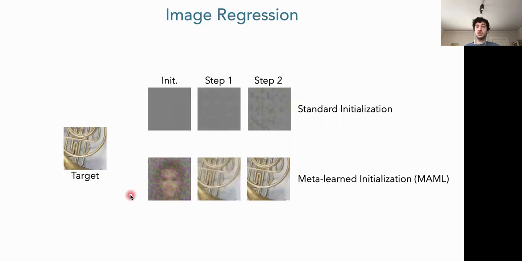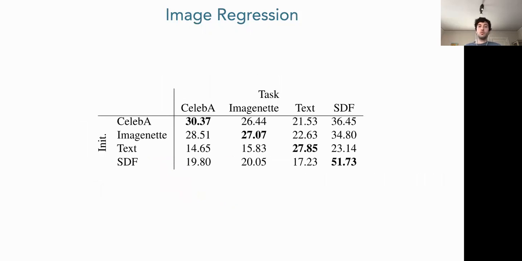So one natural question is, have we learned a way to just quickly assign pixel values, or is there a more data-dependent prior involved? And we do some experiments to help tease this apart, where we train across different data sets, in this case, CelebA, ImageNet, a data set of text values, and then a data set of 2D SDFs.